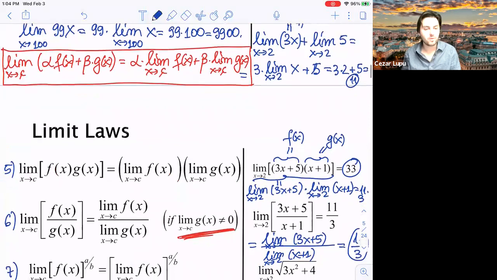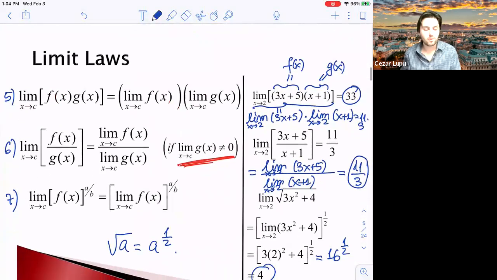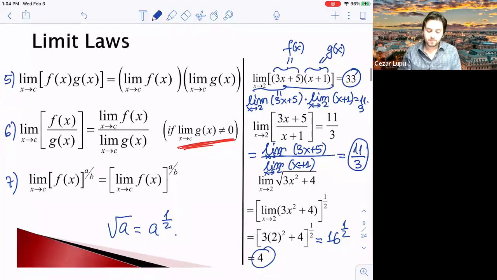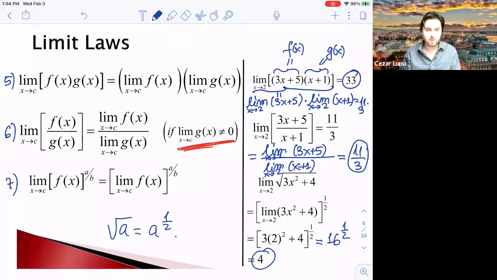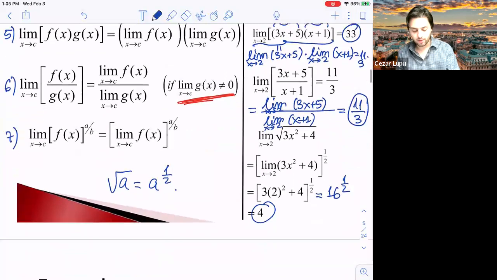The same thing goes for the product, the same for the quotient, and the same for the power limit. You have a function, you raise the limit to that power. So these are the limit laws. This will be very important because we will operate with these in examples that will follow.